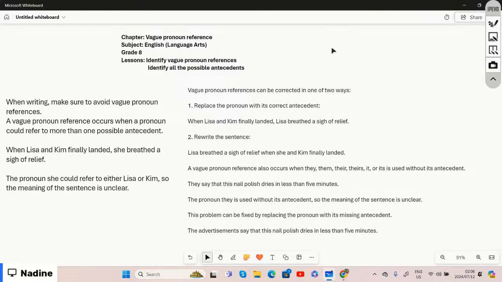The lessons that we are going to be focusing on under this chapter are to identify vague pronoun references, and to identify all the possible antecedents.